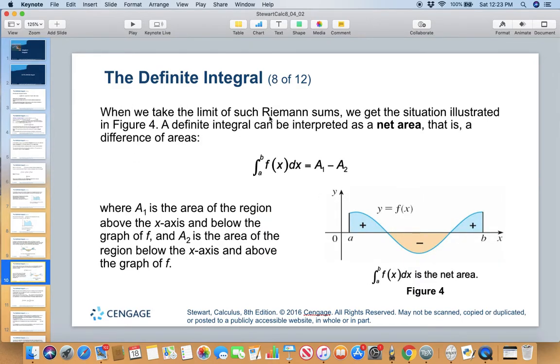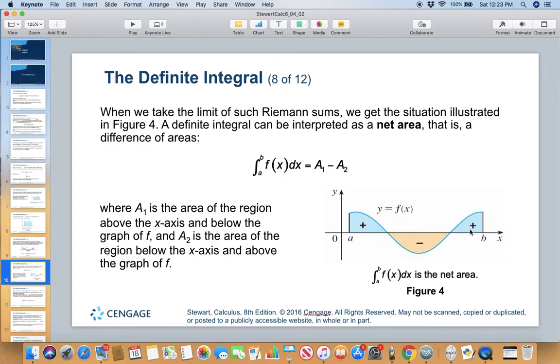When we take the limit of such Riemann sums, we get the situation illustrated in figure 4. A definite integral can be interpreted as a net area, that is, a difference of areas. Integral a to b f(x) dx is A1 minus A2. What is A1? A1 is the area of the region above the x-axis and below the graph.